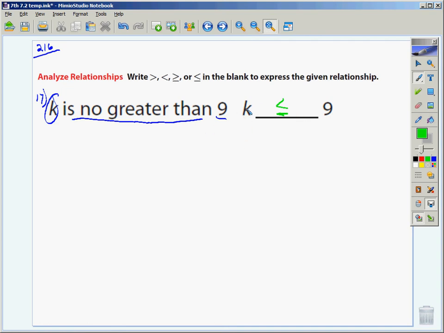And if I thought of a number to put in for K, let's say I said 10, would 10 be greater than 9? 10 is greater than 9. I wouldn't want to use 10. So I might use 8. Is 8 greater than 9? No, so 8 is obviously less than or equal to 9. And you can pick a number if that helps you to decide which way to place the inequality.